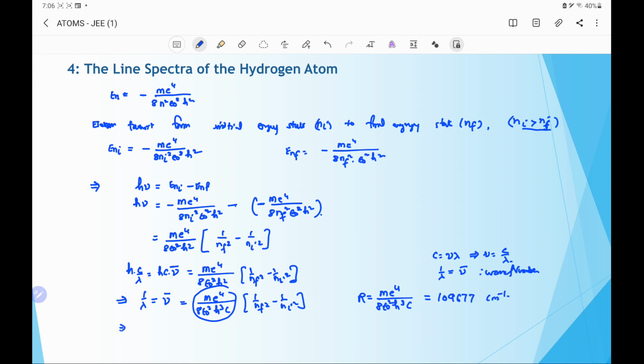So we can write that 1 by lambda, the wave number nu bar, is equal to 109677 into 1 by nf square minus 1 by ni square per centimeter.